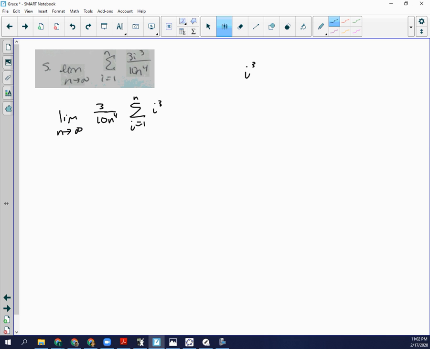let me peek here, because I don't remember. Okay, the sum from i equals 1 to n of i cubed is n squared times n plus 1 squared over 4, which simplified to n to the fourth plus 2n cubed plus n squared over 4.